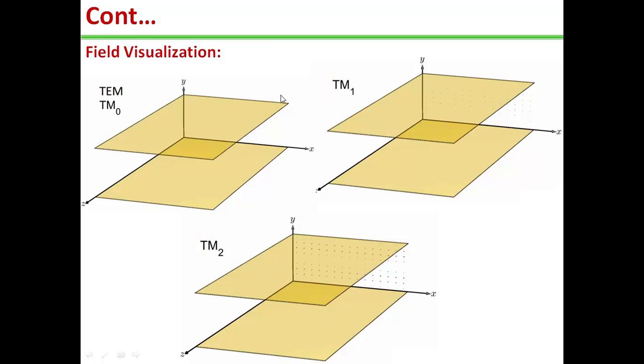Similarly, in this case 0, 1, 2 is the number of half wave variations along the direction of propagation. So in the case of TM0, there will be no half wave variation along the direction of propagation. In this case, we have considered the wave propagating along the z direction.